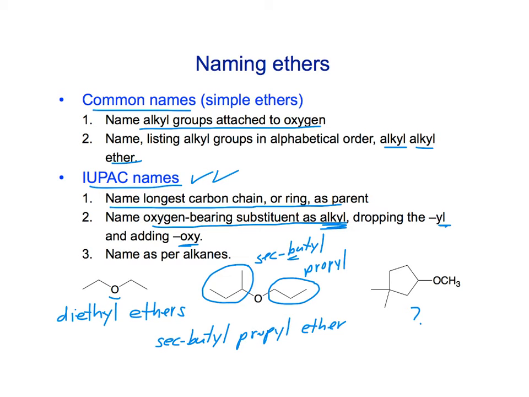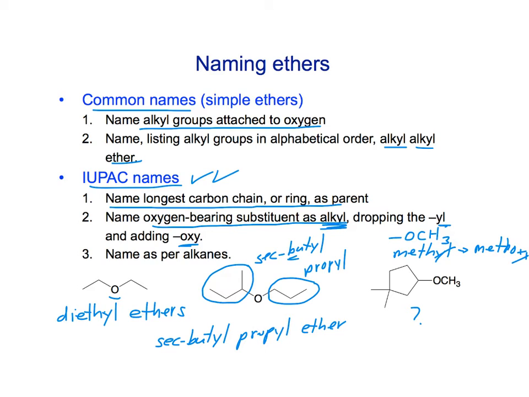So for example, if we have OCH3, then the alkyl group there is methyl, but we're going to drop that YL and go to methoxy. If it was 2 carbons, it would be ethoxy, 3, propoxy, and so on.